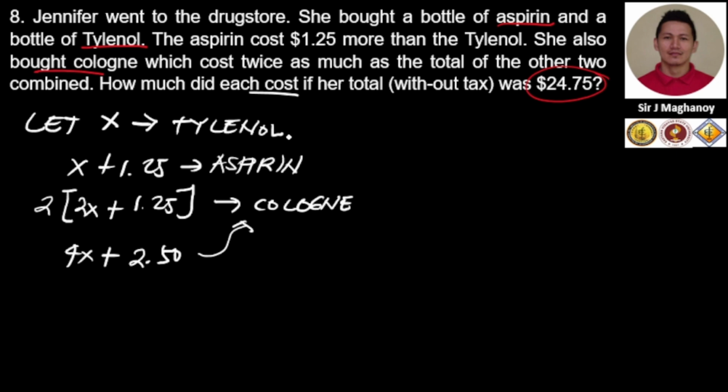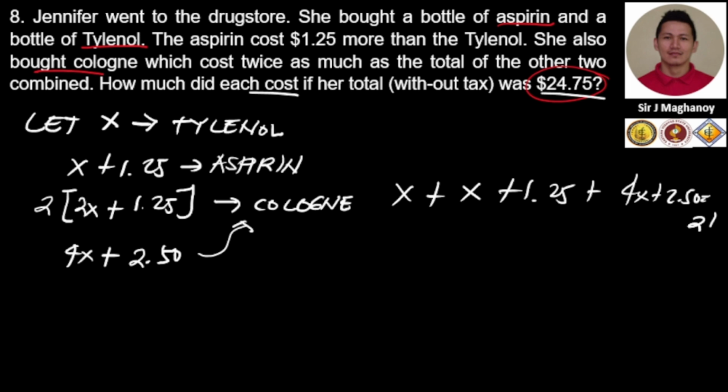Okay, so let's formulate our equation from the variables. The sum is $24.75. So X plus 1.25 plus 4X plus 2.5 is equal to 24.75. Okay, let's rewrite our equation.